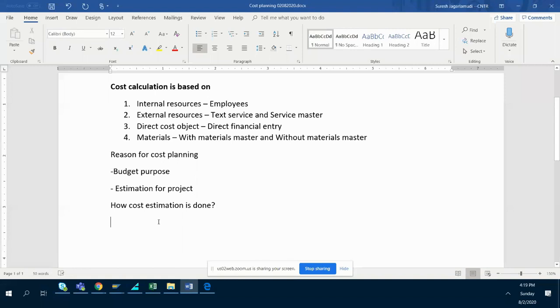See, always remember something. In ERP, that means enterprise resource planning, masters are created already. Okay, masters are created. That means you are going to make use of those masters.